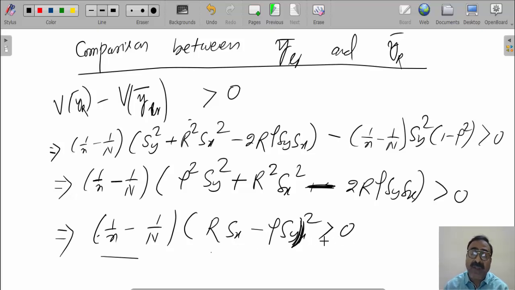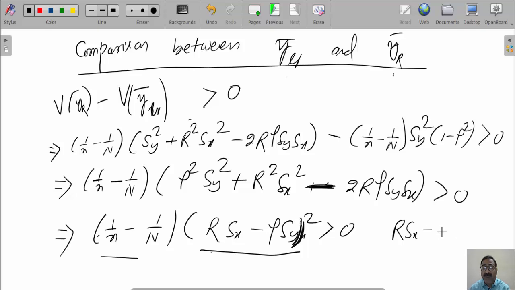So the linear regression estimator is always more efficient than the ratio estimator, and both become equally efficient if this term equals 0. That means r sx equal to rho sy, which implies r equal to rho sy by sx, that is equal to beta yx, or beta.